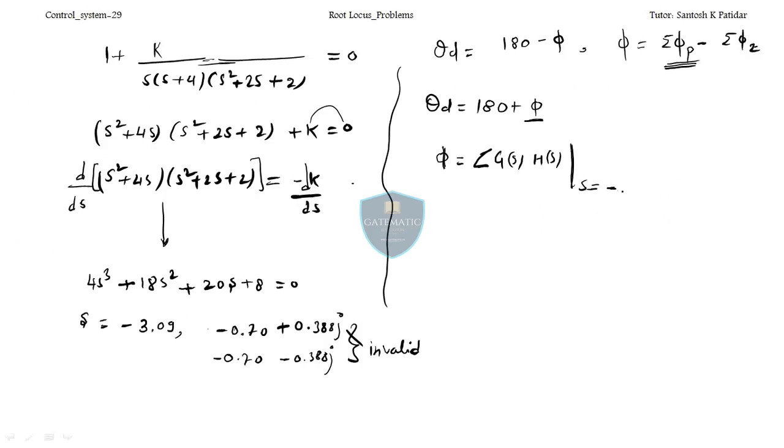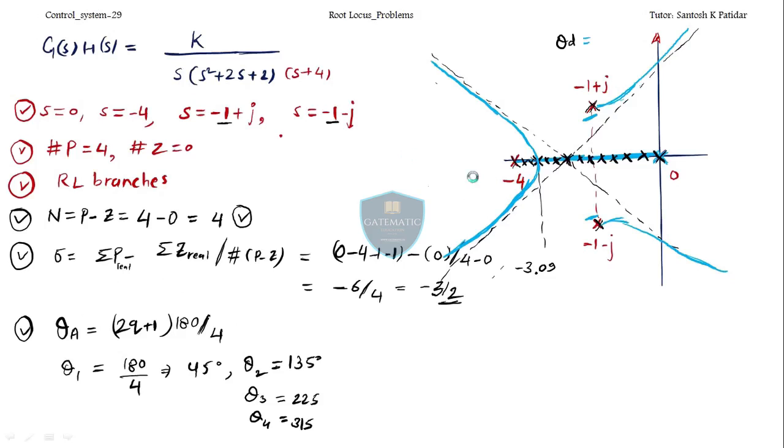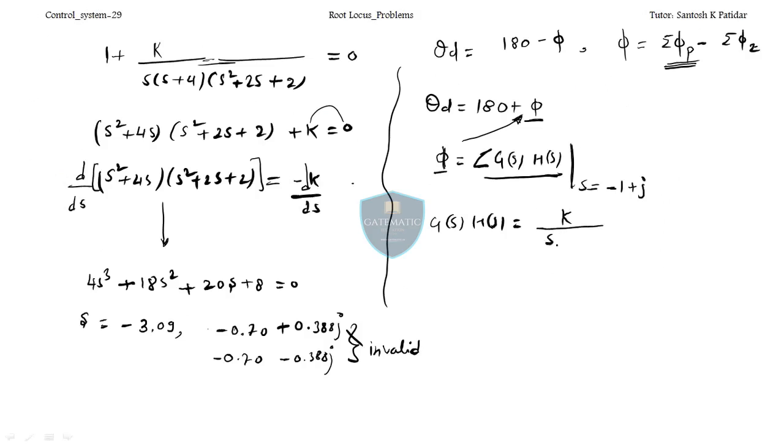So at s equal to minus 1 plus j, you calculate the angle contribution of that pole, and you add it over here. This is the formula for phi d. So what is my G(s)H(s) for this question? It is k over s(s plus 4), and this is nothing but (s plus 1 plus j)(s plus 1 minus j), isn't it?